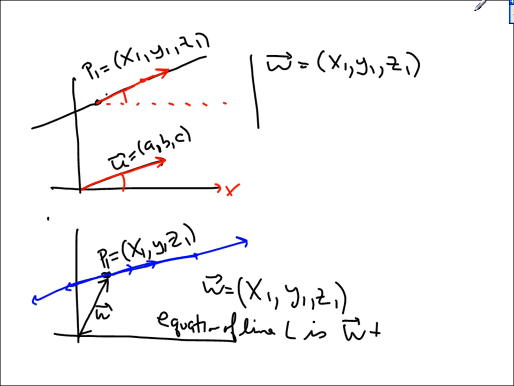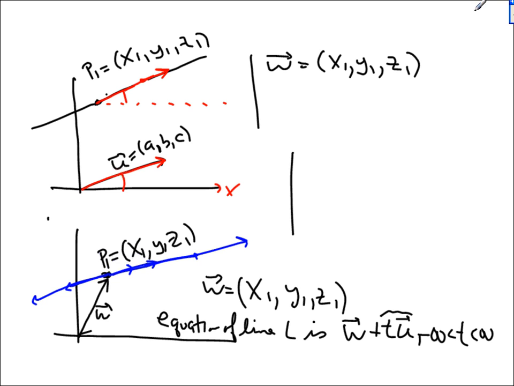But now, I'm not going to add u, but I'm going to add any multiple of u. Now, this vector, we don't know. t times u, it depends on what t is. And we should say that t can be any value between -infinity and infinity.